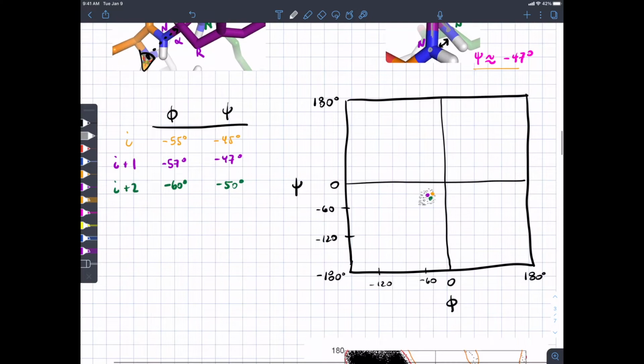And because of that, they call this region of the Ramachandran plot that's centered around minus 57 and minus 47 the alpha region, because this is for things that are in a conformation that's compatible with the alpha helix.